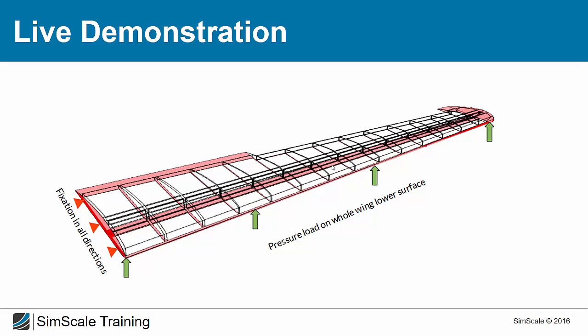Multiplied by the effective, let's say, normal area of this wing, you will get approximately the overall lift force. Therefore, to simplify our case, we will just apply a pressure load, which is the pressure difference, on the lower side, and that will allow us to keep the number of boundary conditions low.